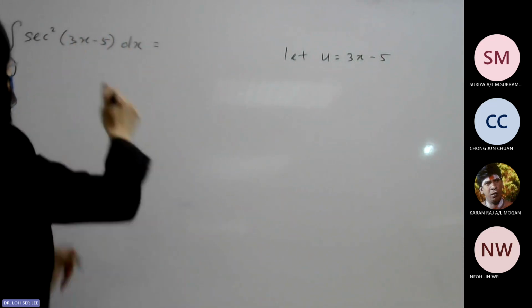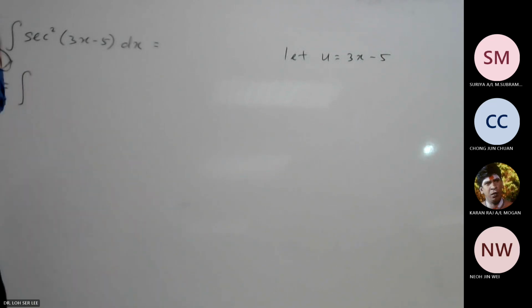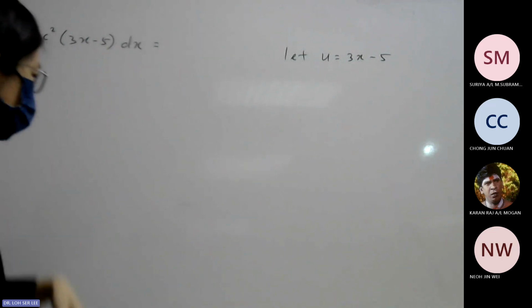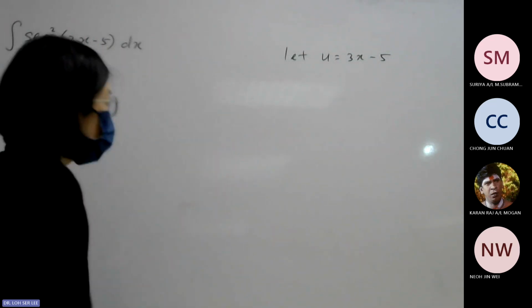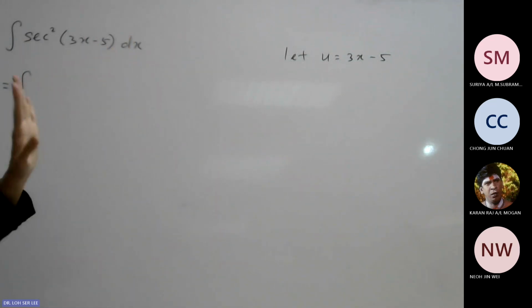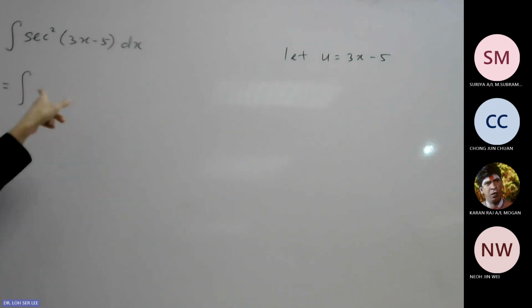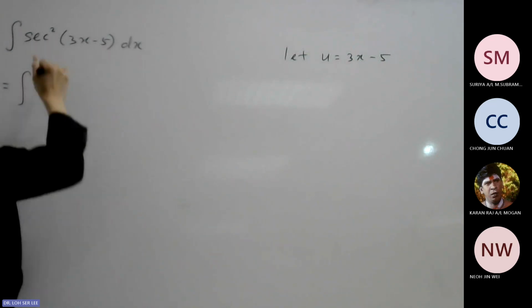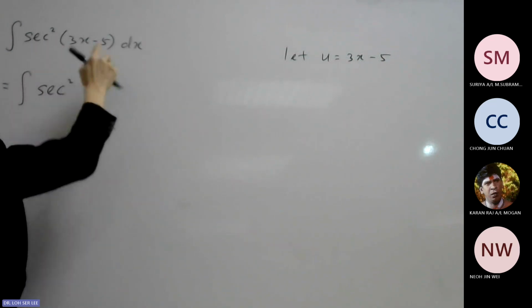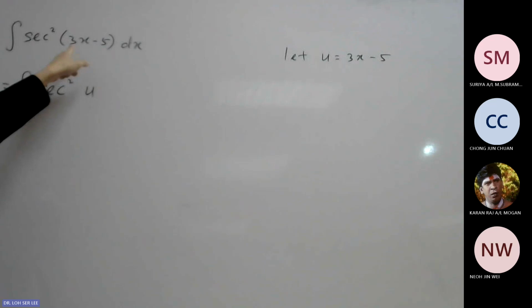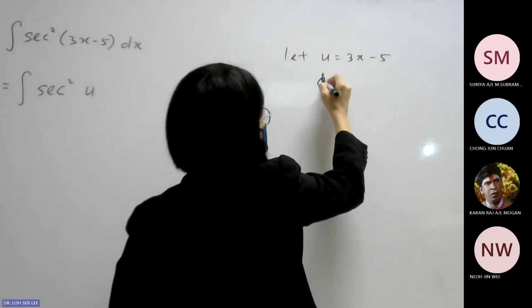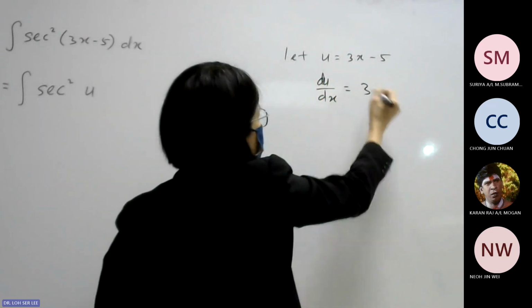When we use u, it means that after the substitution, everything will be changed from x into u. No more x later. Everything will be in u. So if that is our u, we will have secant square u. And we want to change dx, so you have to find du dx, which is 3.